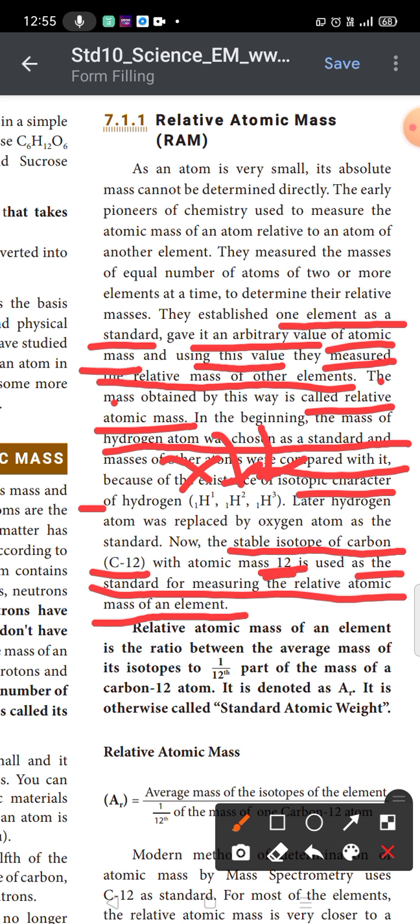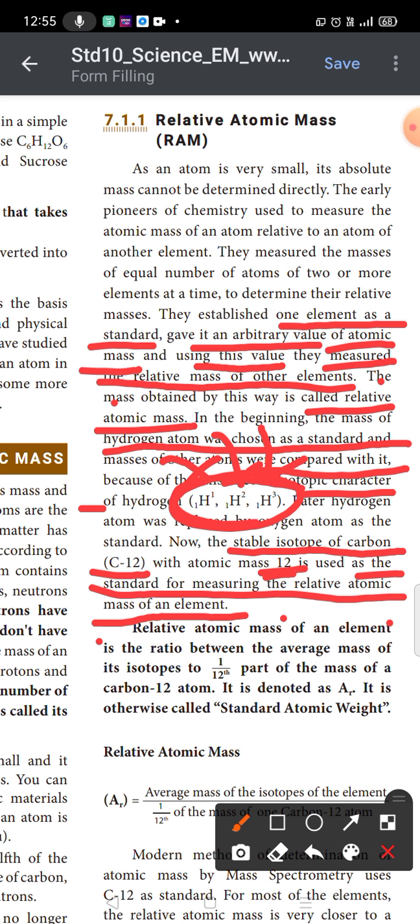So, what is the definition of relative atomic mass? If an element has two or more isotopes, we have to take the average.